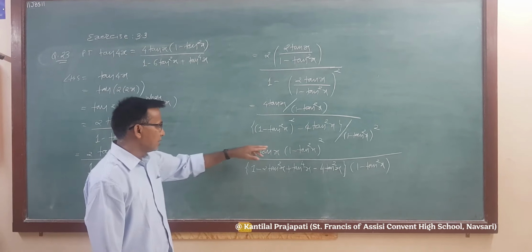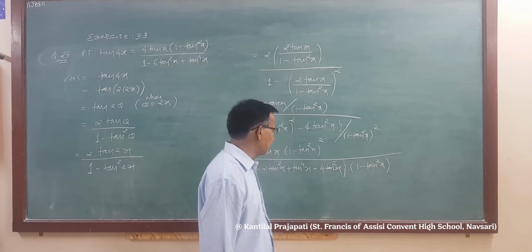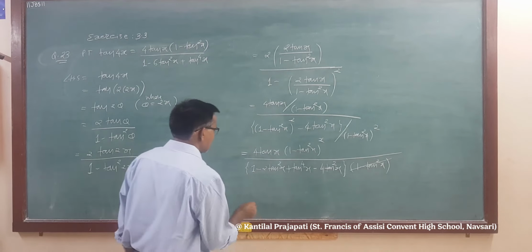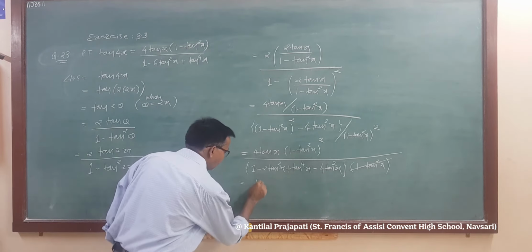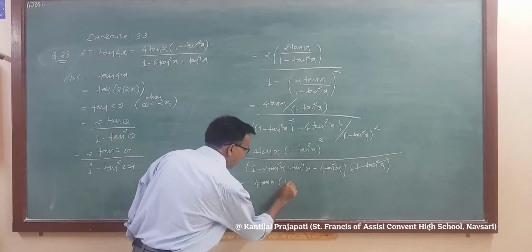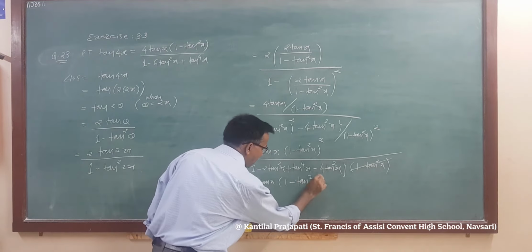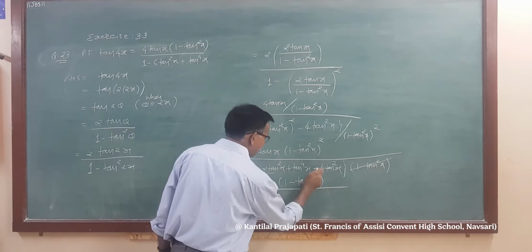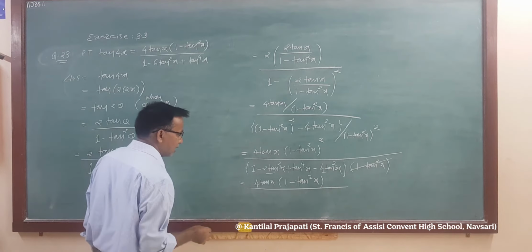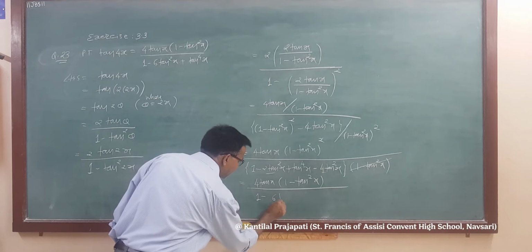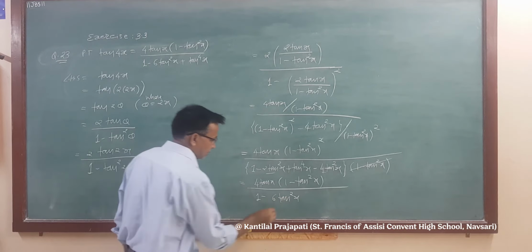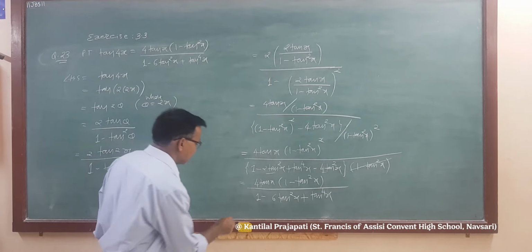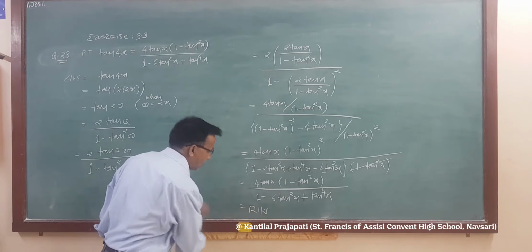In the numerator and denominator, 1 minus tan square x is a common factor, so one factor cancels, and what remains is 4 tan x into 1 minus tan square x divided by, simplifying like terms, minus 2 tan square x and minus 4 tan square x are like terms, so we write 1 minus 6 tan square x plus tan raised to 4x, which is the required RHS.